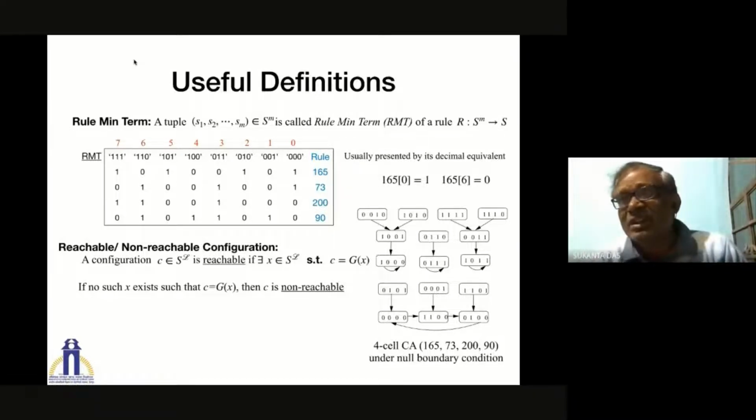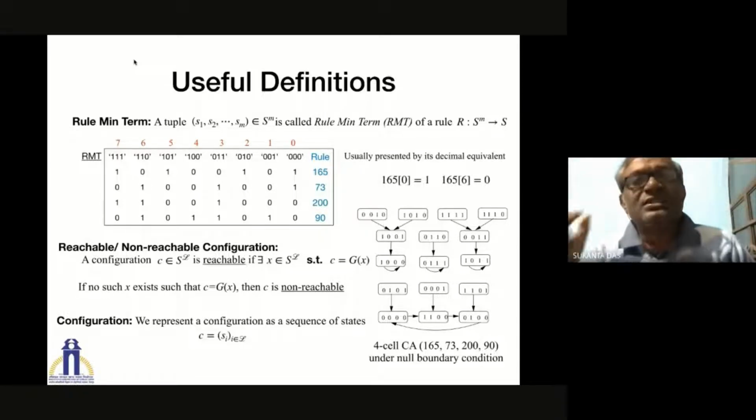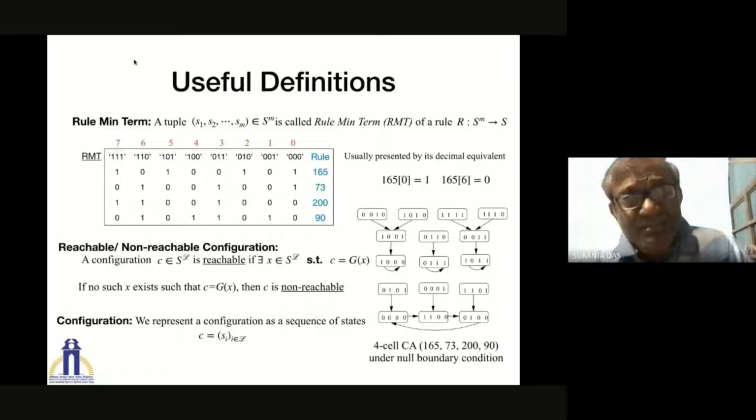However, in this diagram you can see, also you have seen it before, that here we represent a configuration in a different way, actually the same thing but a different way. How have we defined configuration before? A configuration is a mapping actually. If I say C is a configuration, C is a mapping from lattice L to S, the set of states, right? So it's an assignment.